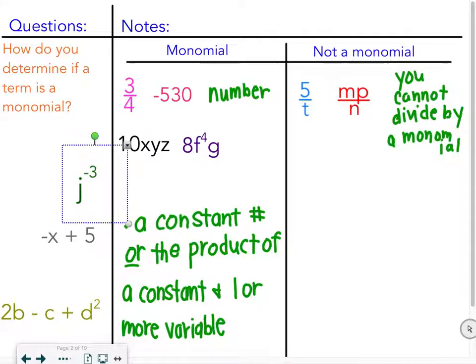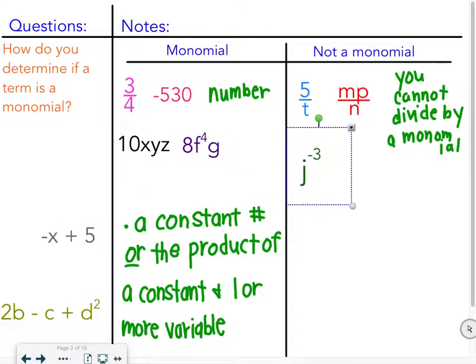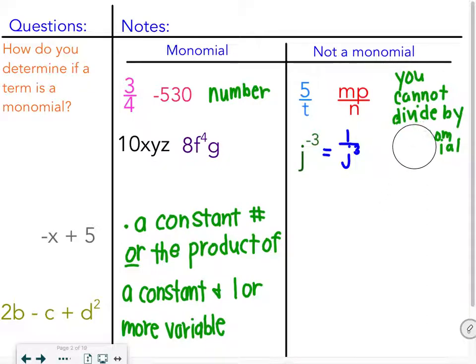This one is a little different, j to the negative third. We'll learn about this later in this chapter, but this is the same as 1 over j to the third. So that would count in that same group of not being able to divide by, I wrote monomial, I meant variable.